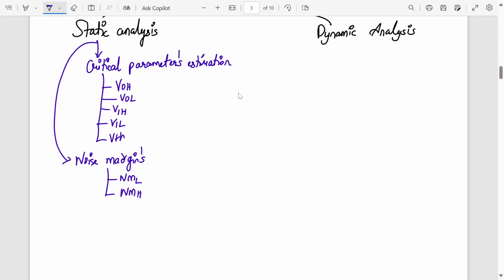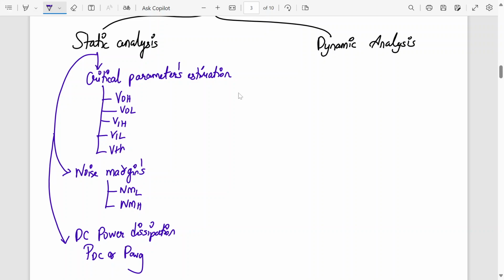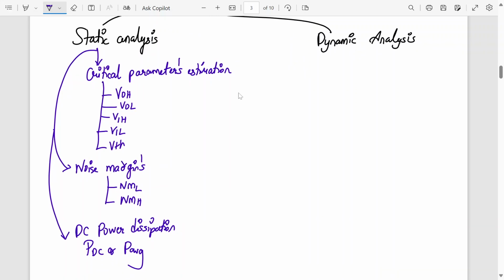Then from this further, we calculate DC power dissipation, which is called PDC or P average, whose formula you have written just now. So this is static analysis. Do you have both in your subject? In your syllabus you have static analysis and dynamic analysis both.